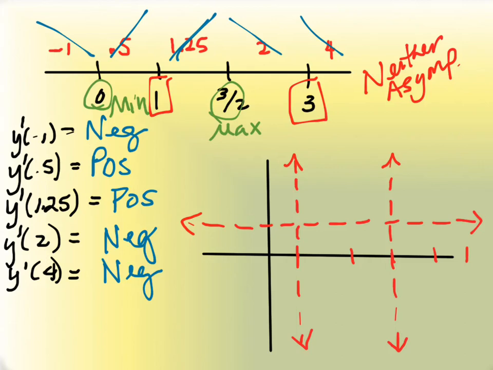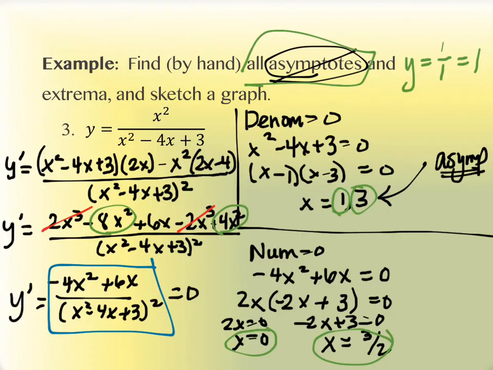Now I know at x equals 0, which is my axis here, I'm supposed to have a minimum value. I don't know yet what the y value is, but I can certainly find it. So if I go back to over here, I can find the y value that corresponds to an x value of 0. What is it? It's 0. If I plug in 0 into that original equation, I get 0 over something that's not 0.